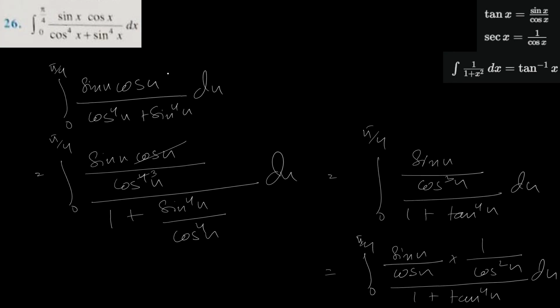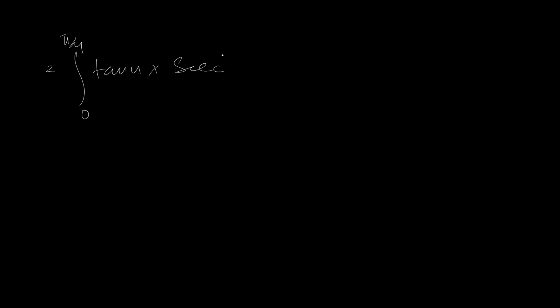So this is equal to the integral from 0 to pi by 4 of tan x into sec square x, and this is 1 plus tan x to the power 4, dx.